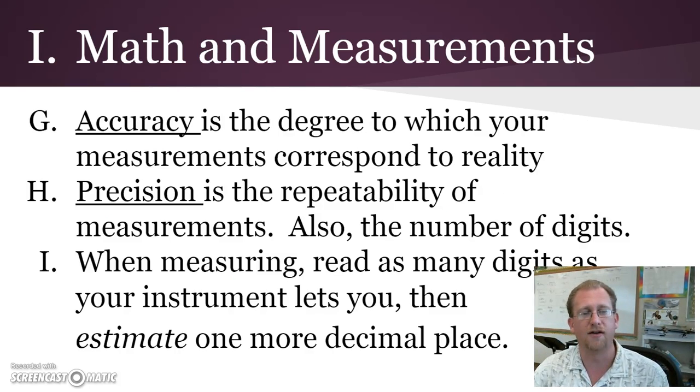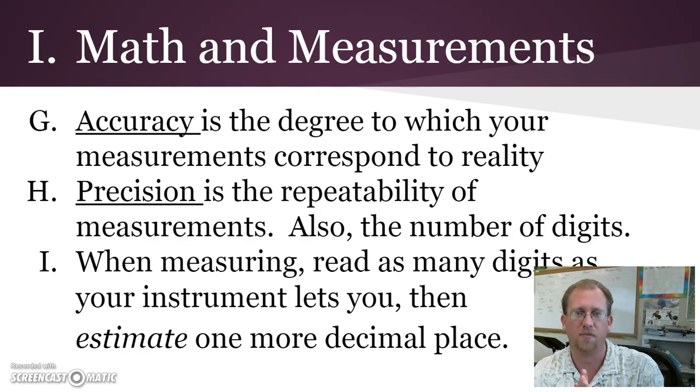We've also talked about accuracy and precision before. Accuracy is how much your measurement relates to reality. Does it correspond to reality? If you say Mr. Alley weighs, I'm going to pick a number, 100 kilograms. Let's just make that a round number. That's about right. If I weighed 100 kilograms, or you say I weigh 100 kilograms, but in truth I weighed 101.674 kilograms, well, you're not quite accurate.